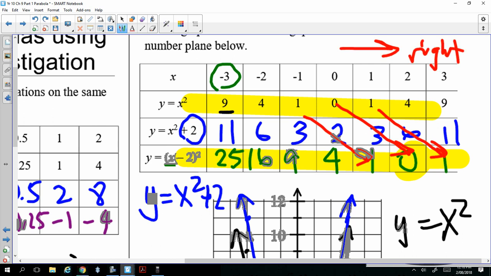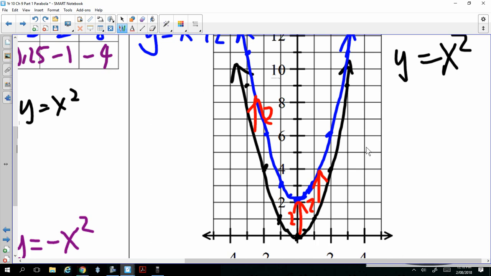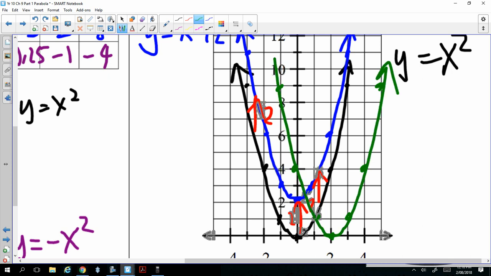Using the green pen, you end up getting this. Okay, that's your graph. You got that?